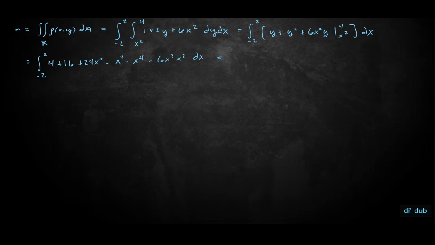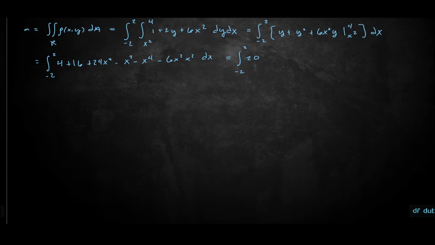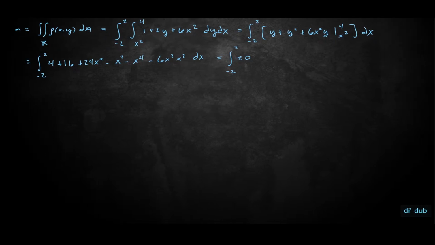Simplifying, the integral from negative 2 to 2 of 24 minus 1 is 23, so 20 plus 23x squared minus 7x to the 4 dx.